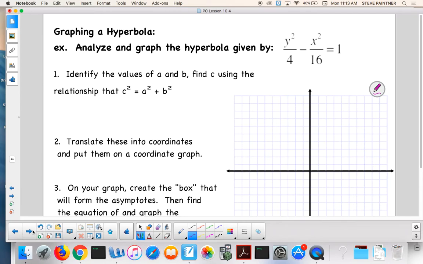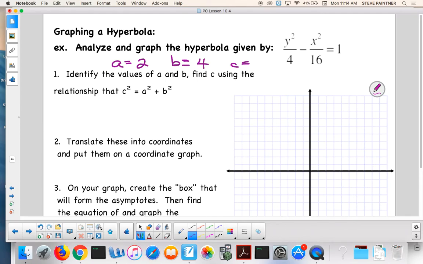All right, we finally get to begin. Here we go. Look at the equation. Pick out your a, your b, your c. So what is a? What is b? What is c? a is 2. b is 4.